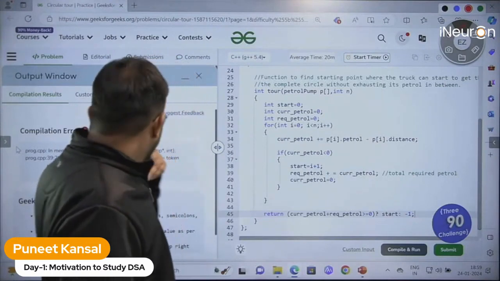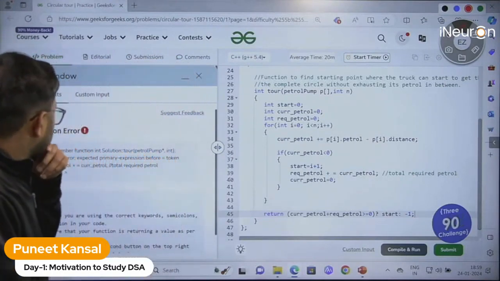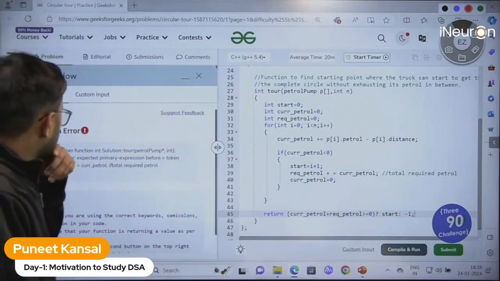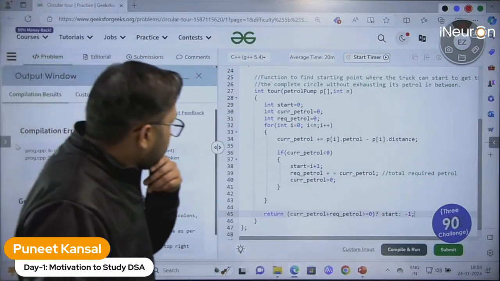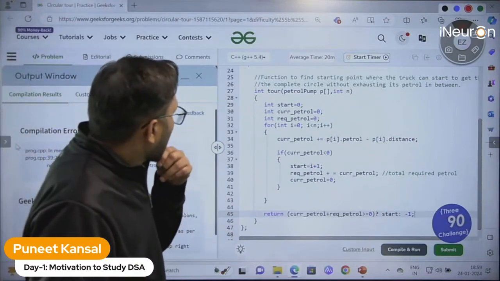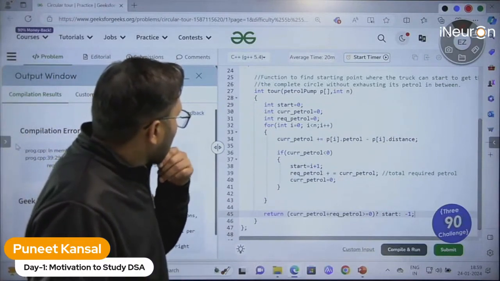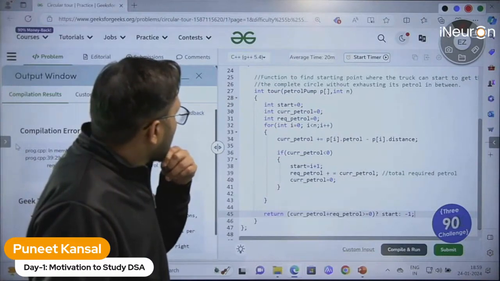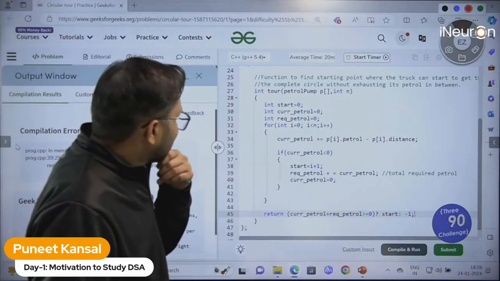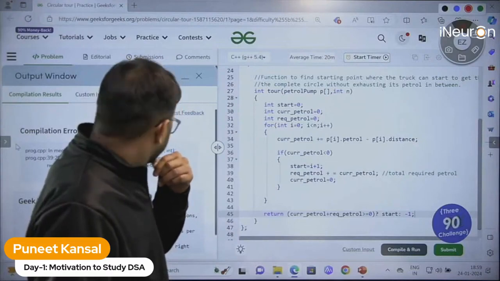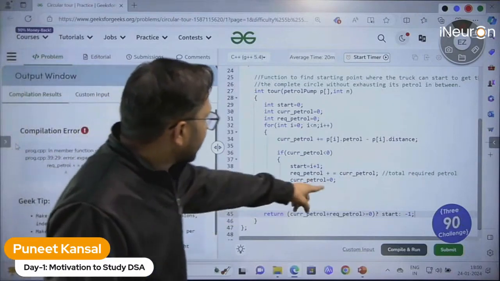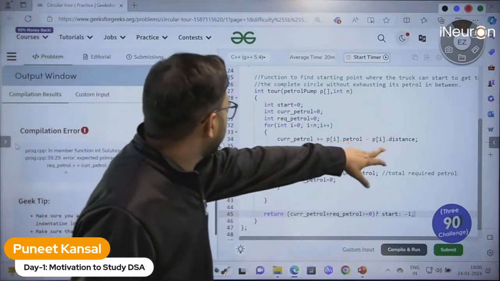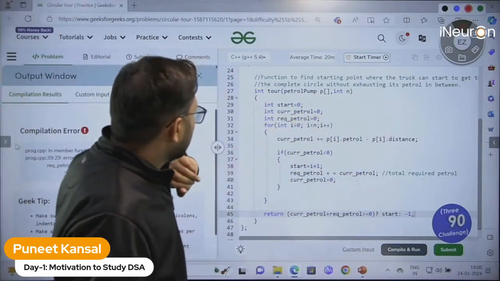Everything is working fine. Make sure you put the semicolons. Semicolons are here, and here also I put everywhere.